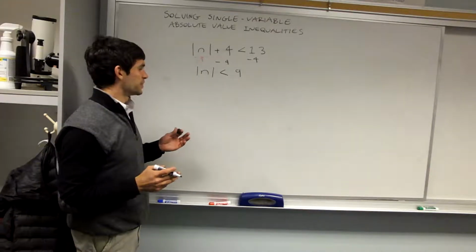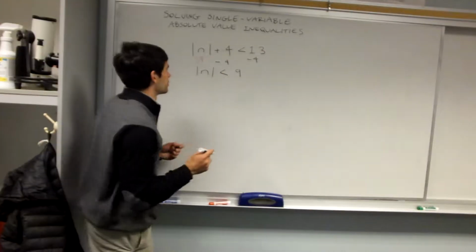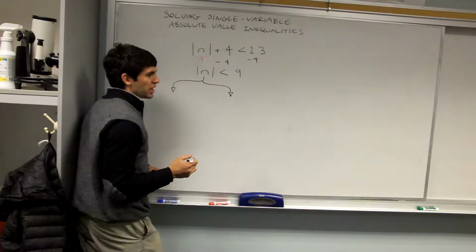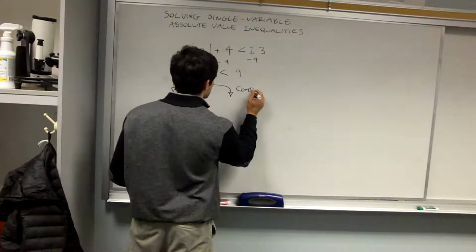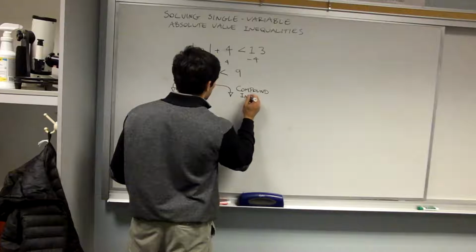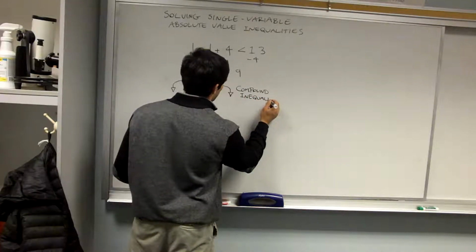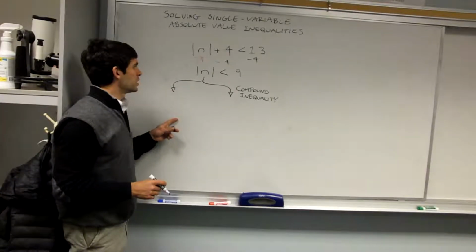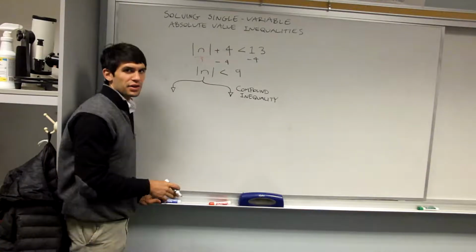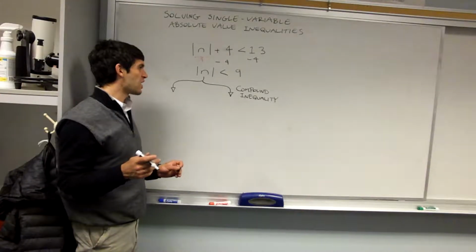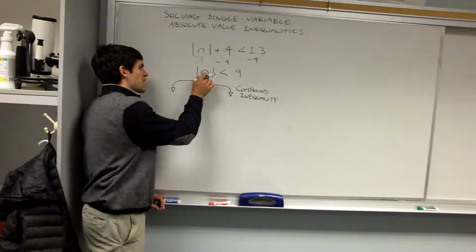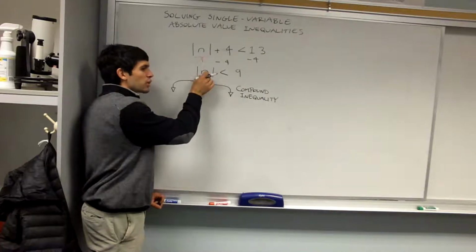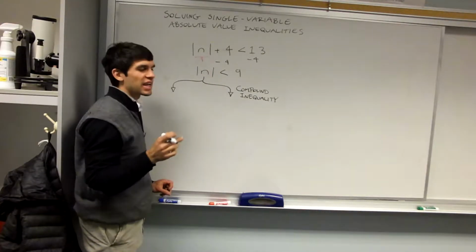So when we're at this point, again, just like we're solving an equation, we're going to split it into two separate inequalities. And we call this a compound inequality. The reason that we take absolute value inequalities and split them into two different inequalities is because we have to account for the case where what's inside the absolute value sign is positive, as well as the case where what's inside the absolute value sign is negative.